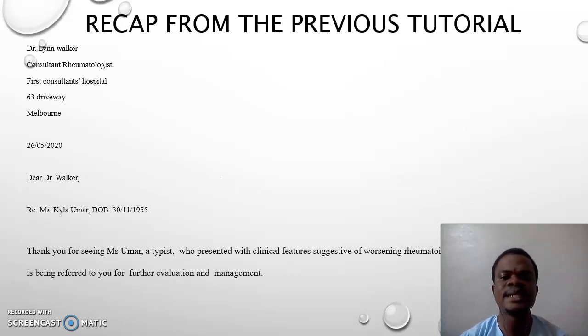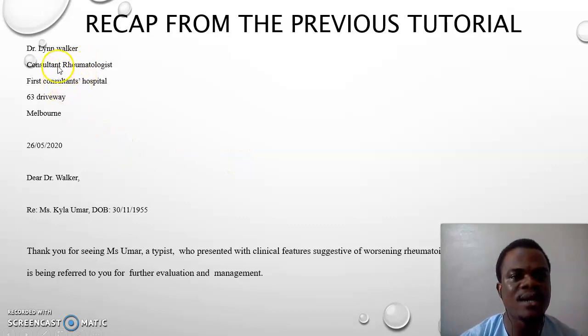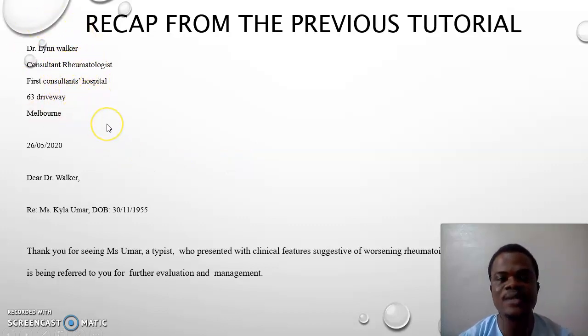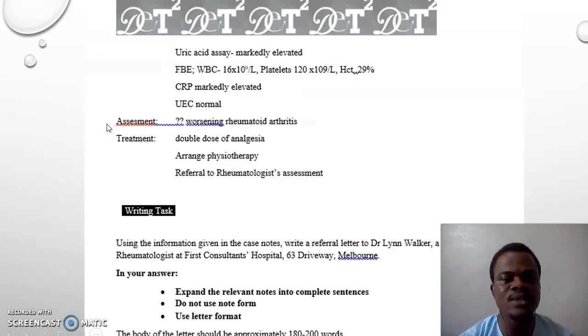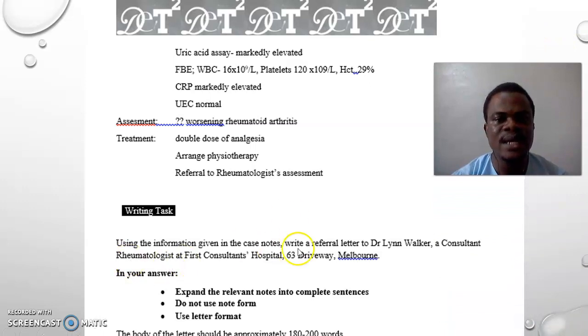Now let's recap from the previous tutorial. From the previous tutorial, we described how we write our address. If you go back to the case notes, you can see from the case note that you are writing to Dr. Lynn Walker. So I wrote Dr. Lynn Walker, a consultant rheumatologist.